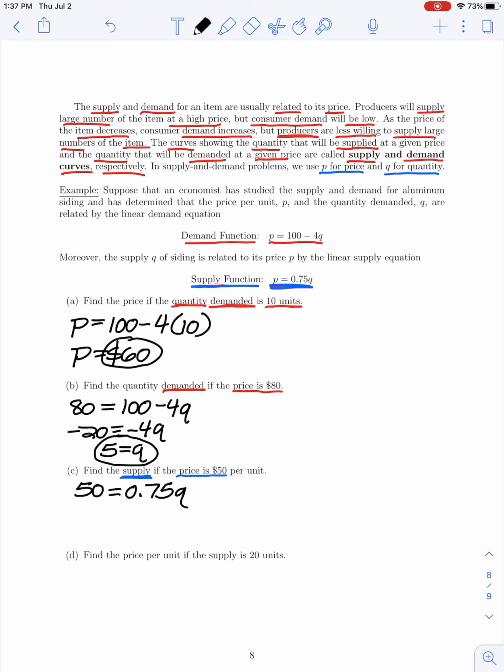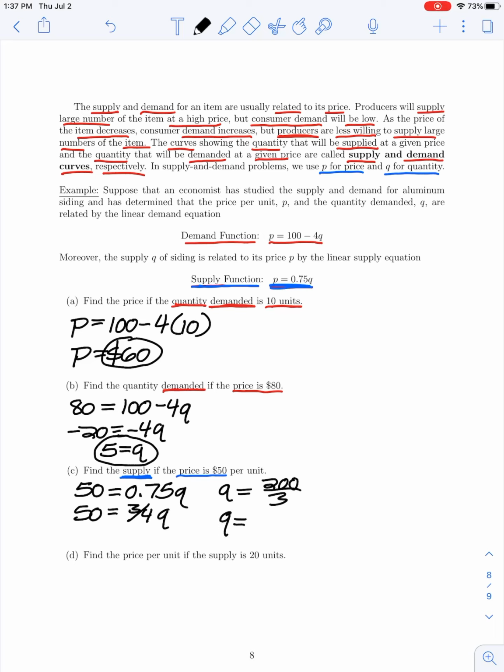Now we can think about this, if we prefer, in terms of a decimal, or instead of a decimal, in terms of a fraction. So we have 50 is 0.75, which would be the same as 3/4 Q. So to solve for Q, we would multiply both sides by 4/3. So we end up with 200 thirds.